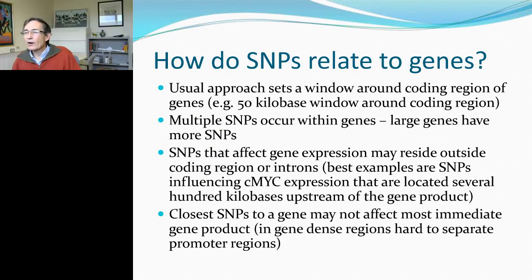So that's sort of the example from expression arrays, and now we have the problem of how do SNPs relate to genes. So the usual approach that we typically apply sets a window around the coding region of genes, for example, a 50 kilobase window. And then multiple SNPs occur within a gene, and we usually use single nucleotide polymorphisms for this analysis.